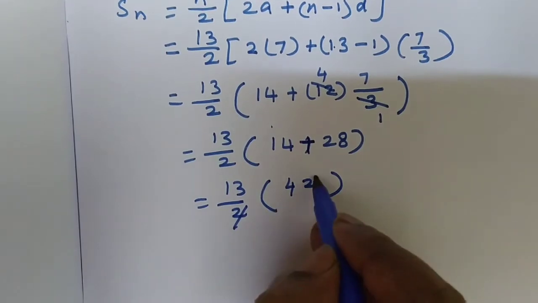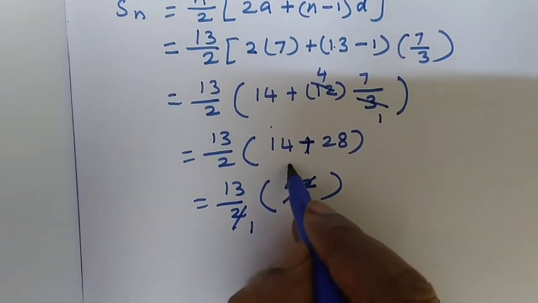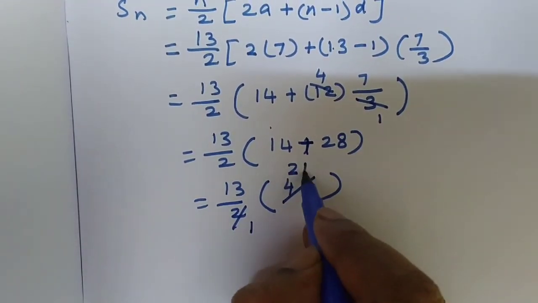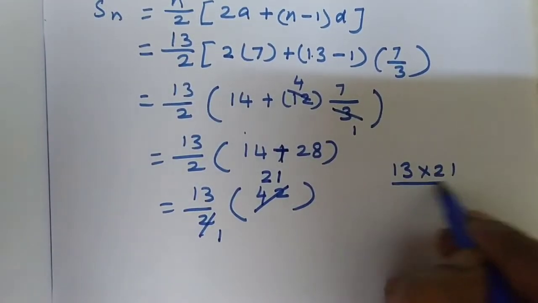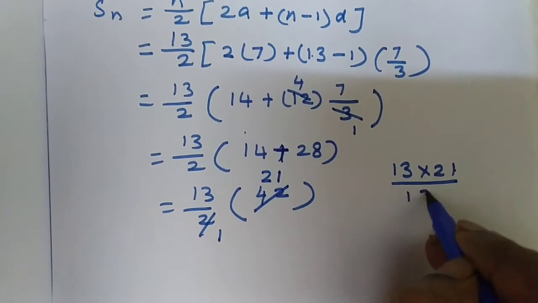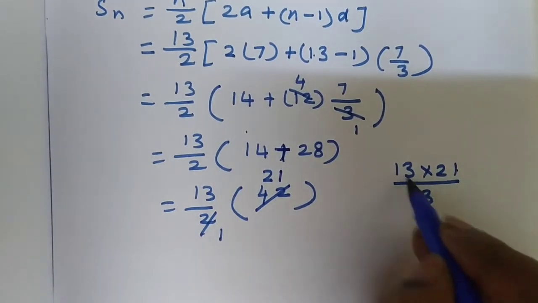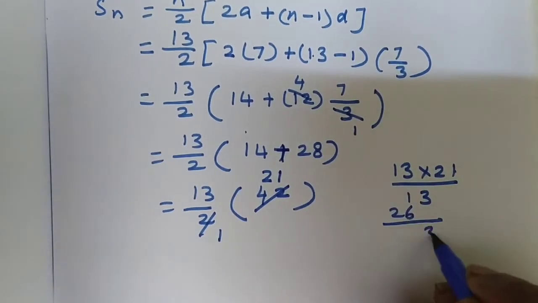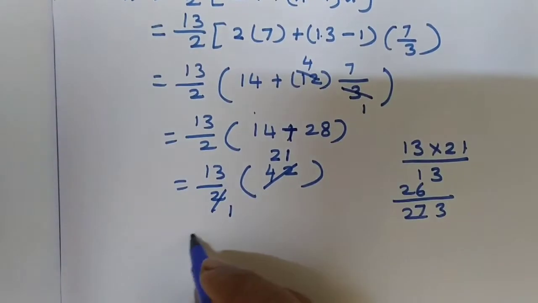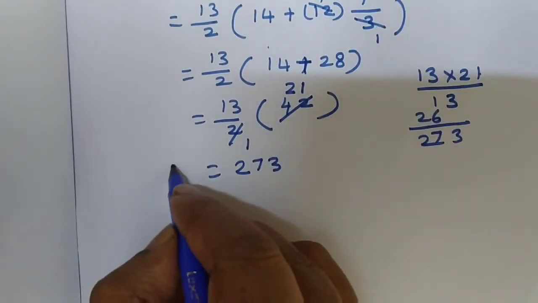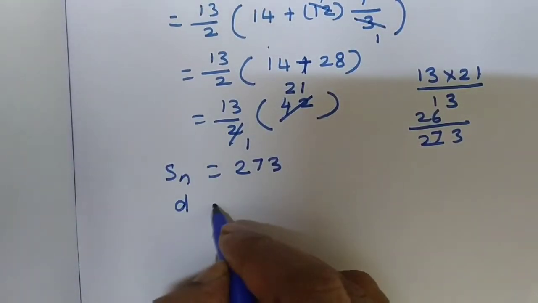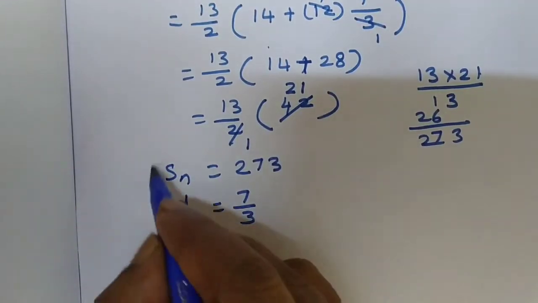Cancel 2 and 42. 2 21s are 42. So 13 into 21. 13 1s are 13, 13 2s are 26. 273. The value of Sn is 273 and the value of d is 7 by 3.